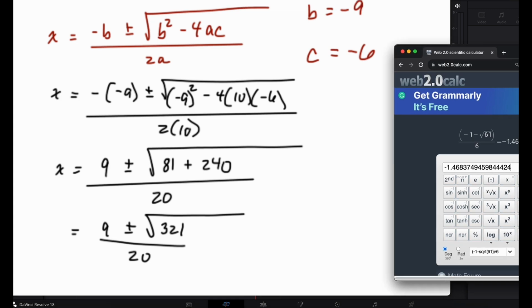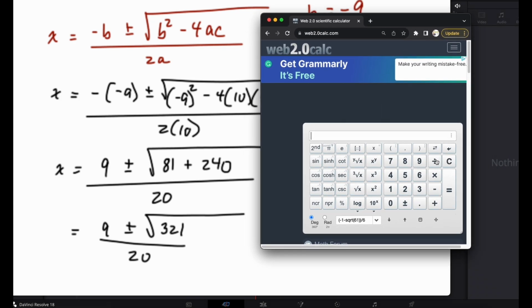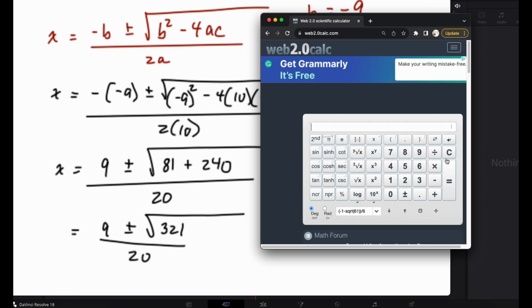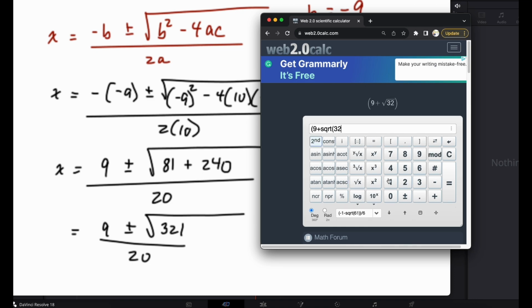Okay, and now we're ready to put into the calculator. So we get 9 plus, well, let's see, hold up. Let's use parentheses. 9 plus the square root of 321. Where'd my parentheses go? Oh, I just erased it. Darn. 9 plus square root of 321. That's a bracket. I don't want a bracket. I gotta hit the second button again. Okay, there we go. 9 plus the square root of 321 divided by 20.